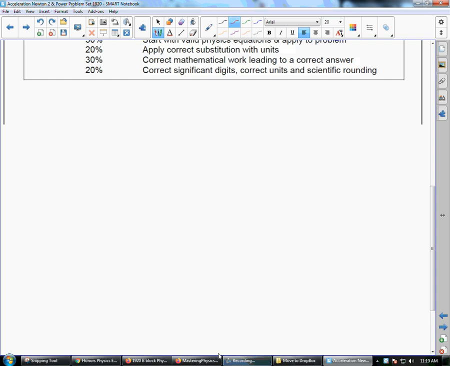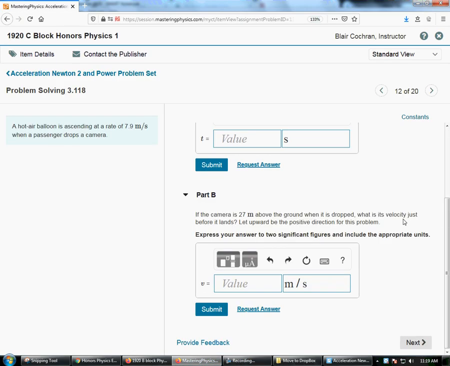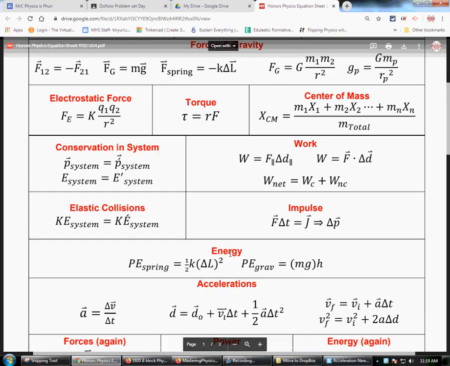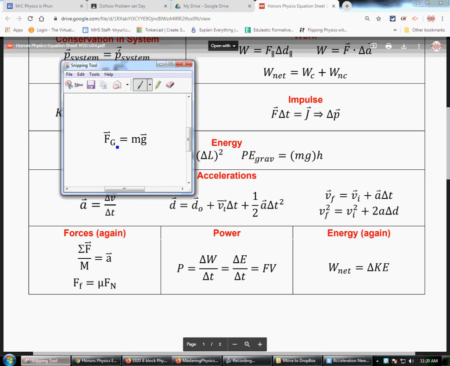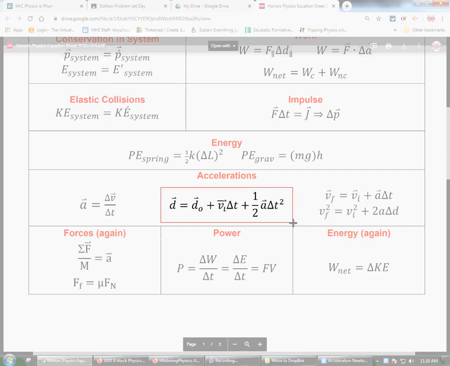So we want to know how many seconds it takes, and how fast it's moving at the bottom. So I'm looking for a relationship between its initial movement, its acceleration, and time. So right there.